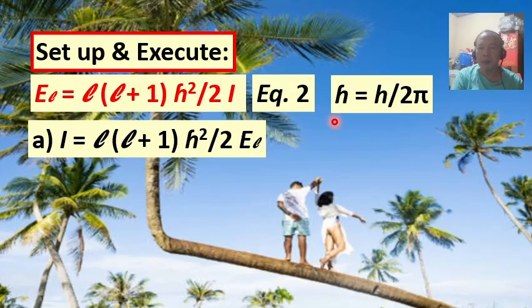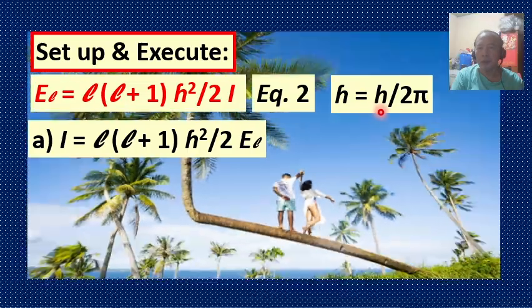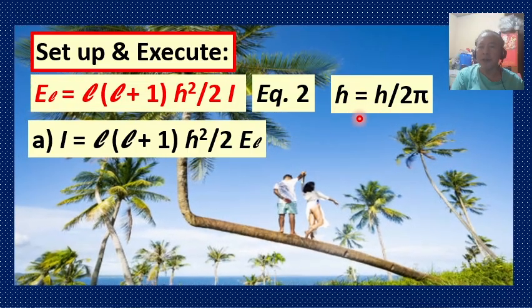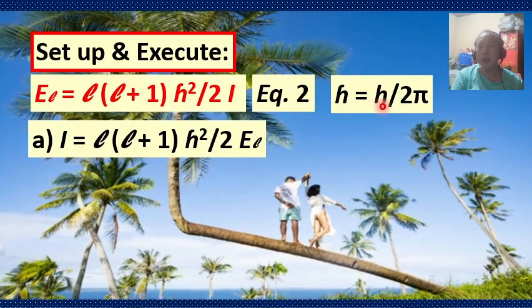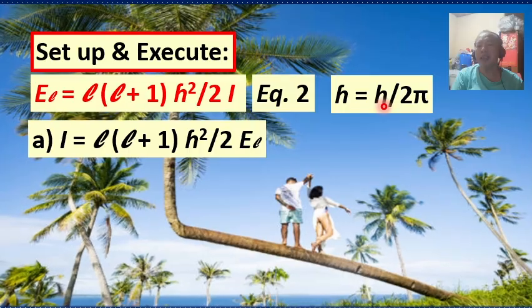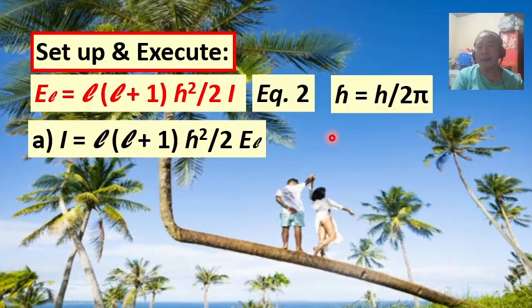All right. So to determine the value of h bar, we have h bar equal to Planck's constant, small letter h, divided by 2 pi.